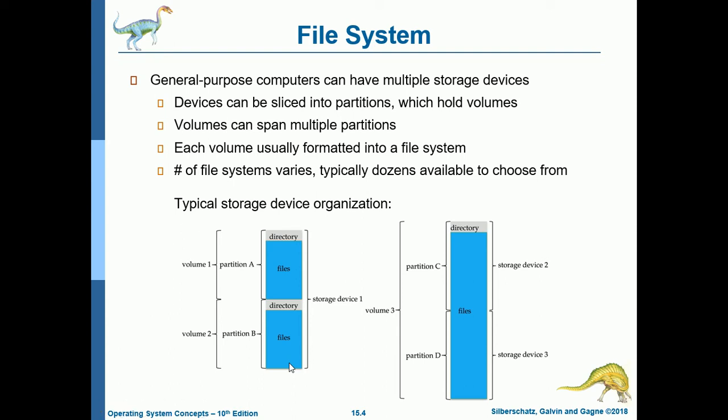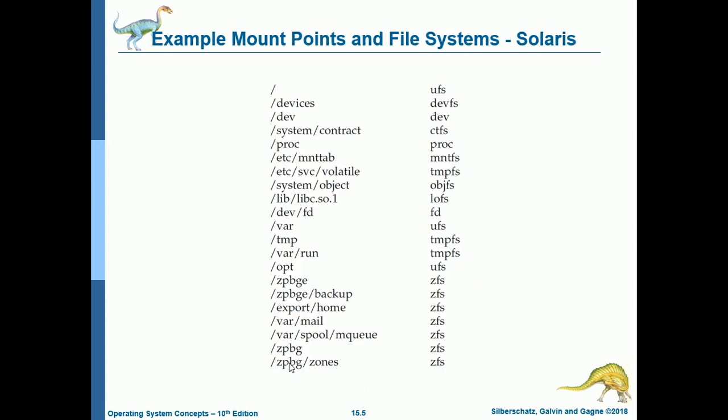It means that your hard disk drive is divided into partitions or divisions. We have the example mount points and file systems for Solaris. Those listed here are the types of file systems found in Solaris, such as UFS and DevFS. It depends upon the application or process.